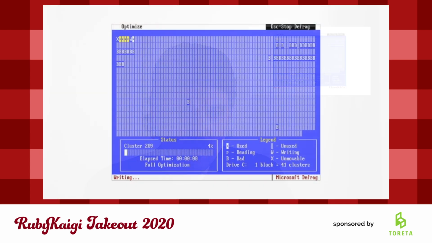This is the defrag utility in DOS, and it's a utility where DOS cleans up fragmentation in the hard drive, and the compaction functionality is essentially the same. It's just cleaning up memory instead of space on your hard drive.